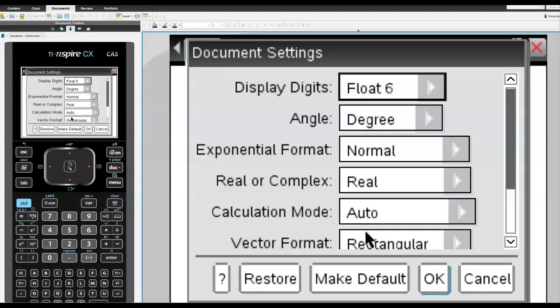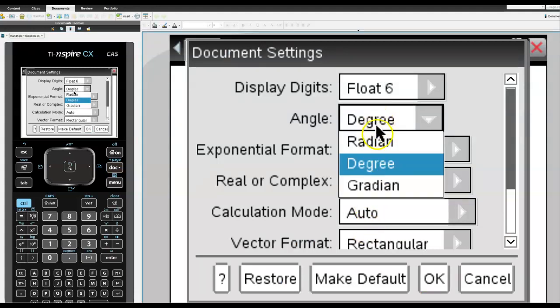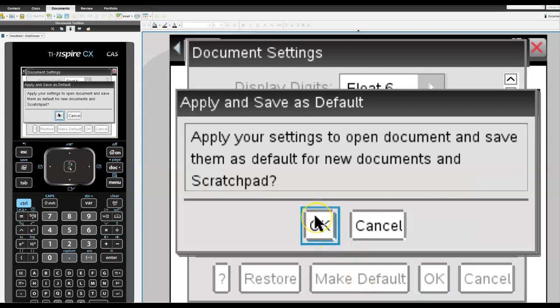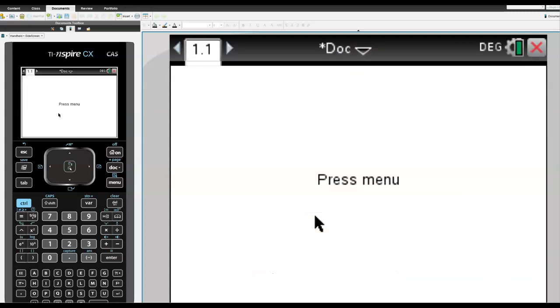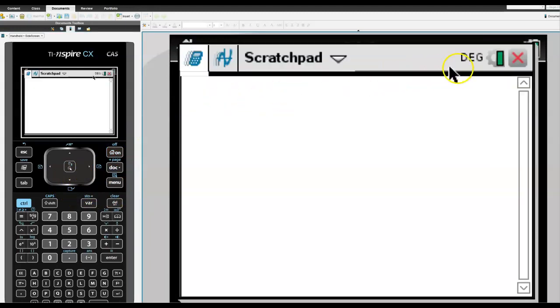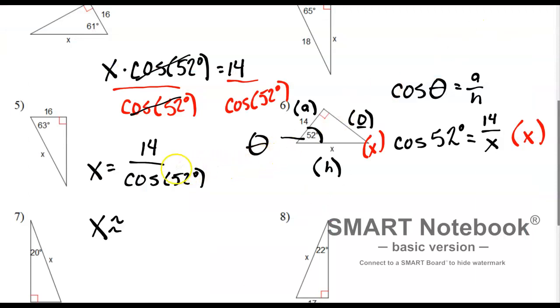You go 7 and 2, and here we get the option radian, which is pi, for example, but we do want it in degree, so I'll select D. I'll make it default, and this will make it default every time I open this calculator. If I go to a scratch pad, I'm looking up here, is it in degree. What we got last is 14 divided by cosine of 52.